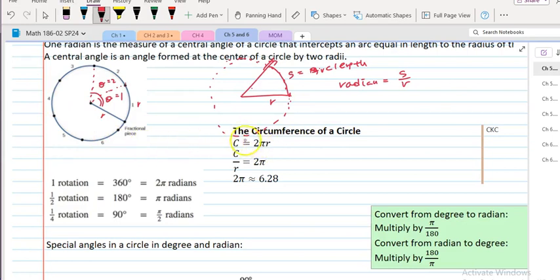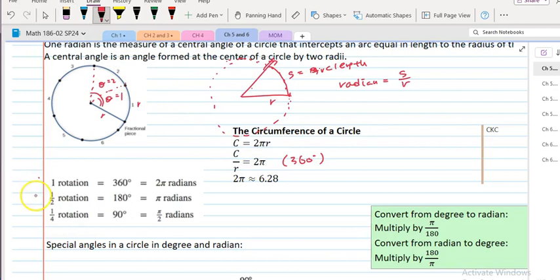The circumference of the circle is 2 pi r, so the whole circle is circumference over r, which is 2 pi. So the whole circle, 360 degrees, is associated with 2 pi. And 2 pi in value is 6.28. That means if you measure the whole circle, you have 6.28 times the radius length.